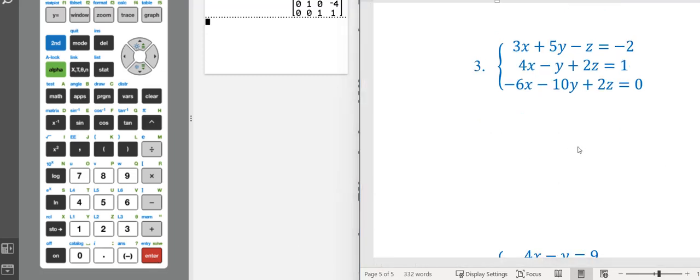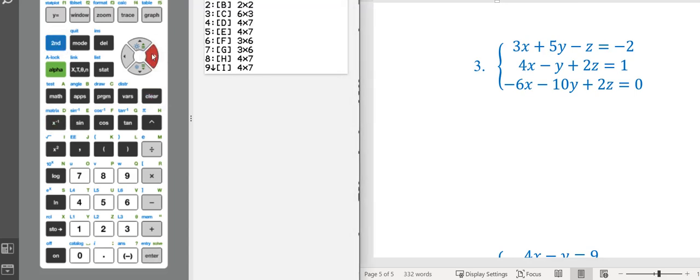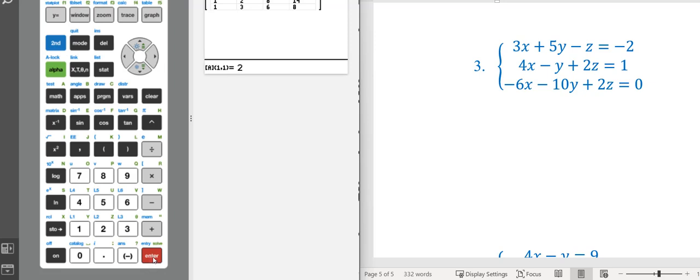Number 3. Second matrix. Edit. It's a 3 by 4. The matrix is 3, 5, -1, -2, 4, -1, 2, 1, -6, -10, 2, 0. Second quit. Second matrix. Make sure it's right.